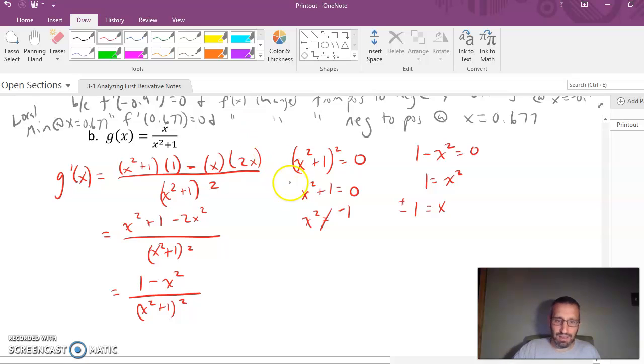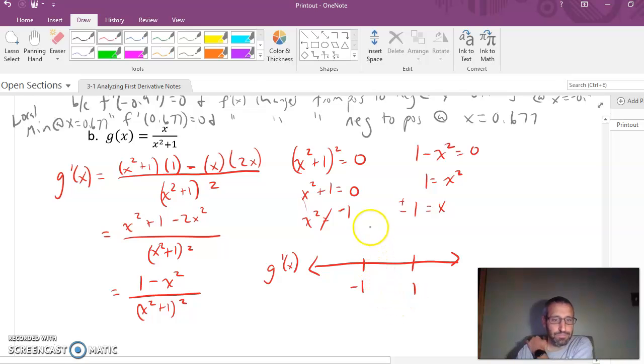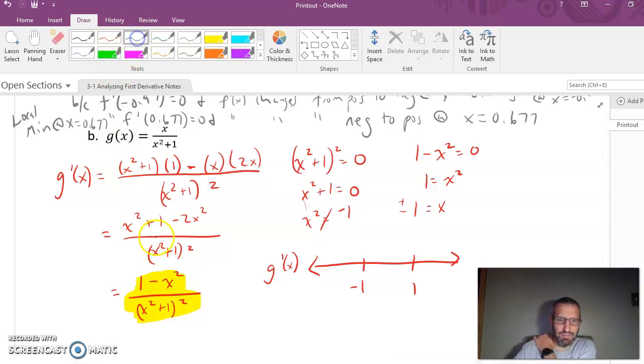So let's take a peek at that, right? Let's go ahead and set up our g prime of x sign chart for this. And I got -1 and I got +1 there, right? And let's see, the version maybe I like the best is maybe right here. Okay, I think I can see, especially with that, maybe I'll change colors, that denominator.